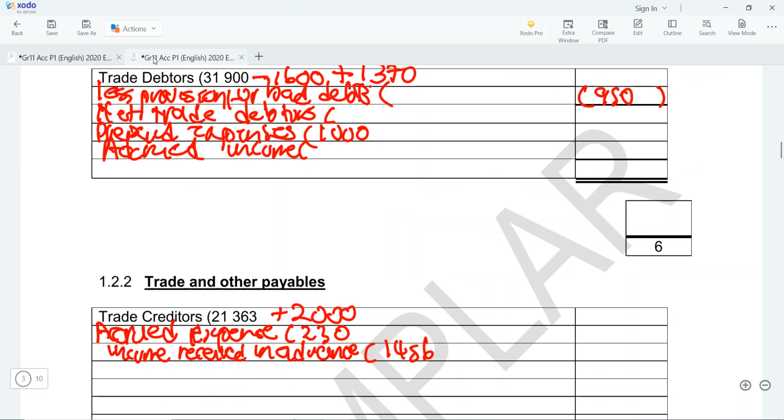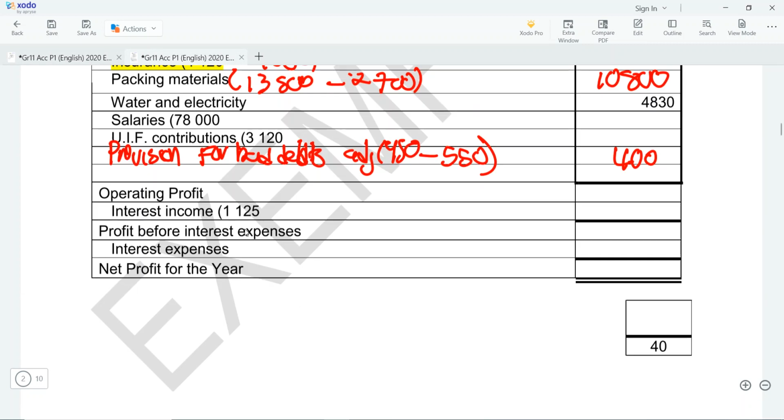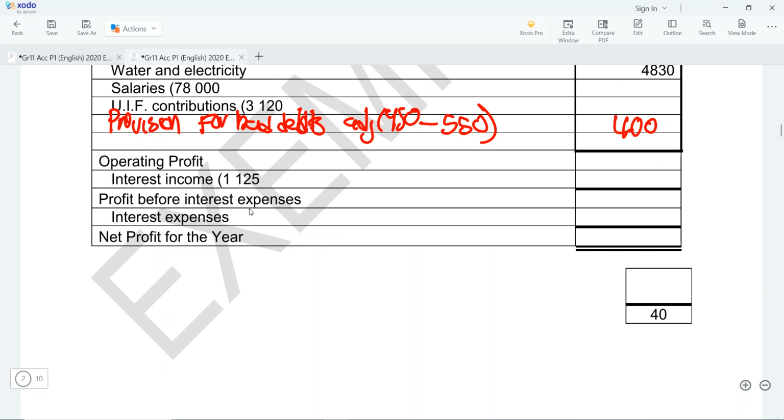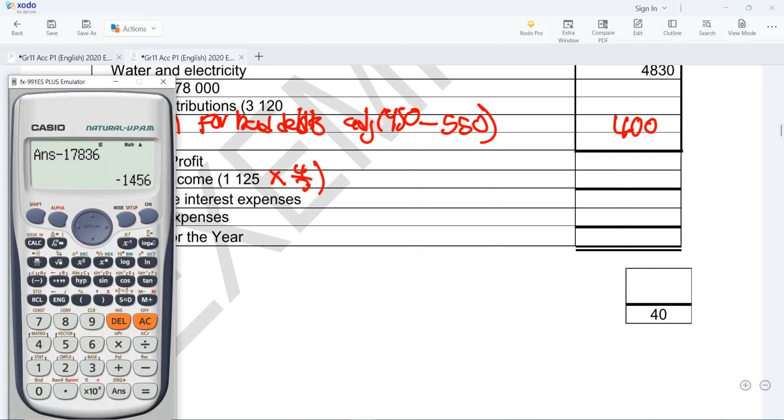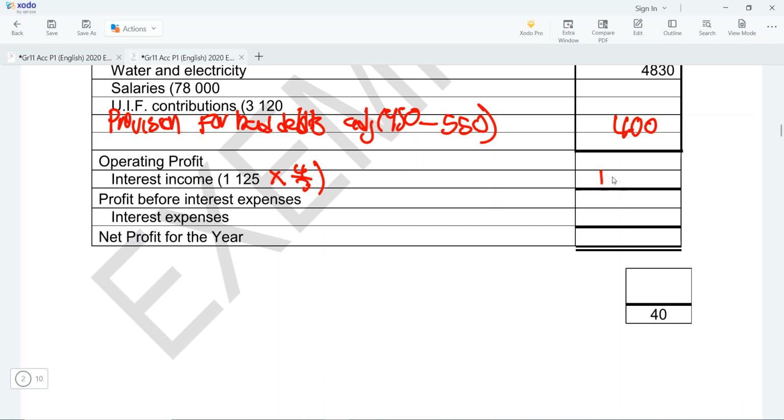Now, the easiest way to do it is to just take this 1,125 and multiply it by 4/3 so that it can give you the total interest that you were supposed to receive. So 1,125 multiplied by 4 divided by 3 will give us the total interest that we were supposed to receive, which is 1,500. Now, how much are we short here?